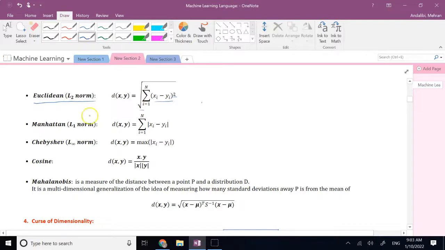One of the other ones is called L1 or Manhattan Norm. Manhattan Norm or L1 norm is what? Instead of squaring and taking the square root of all of these differences, you take the absolute value and sum it up. Why we call it Manhattan, you can go look it up.